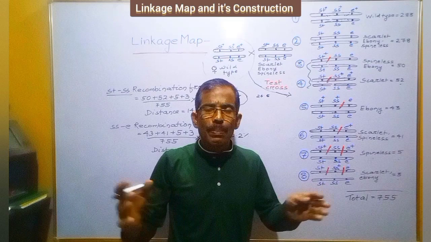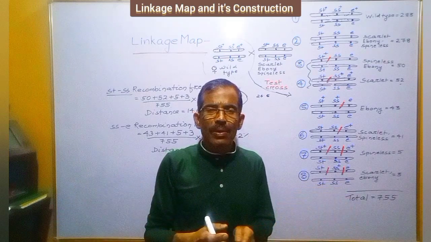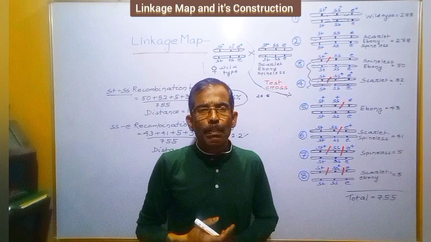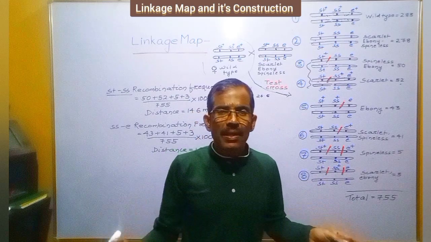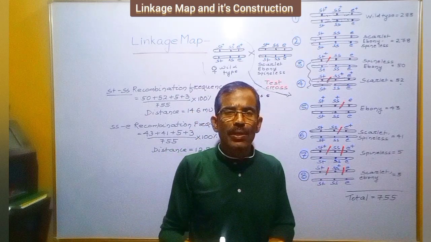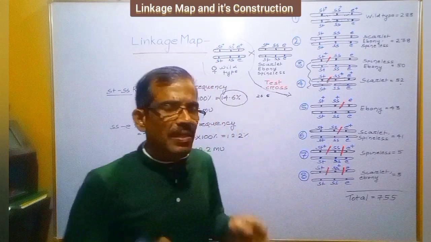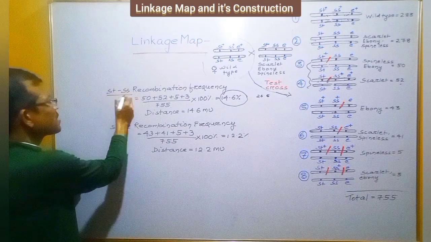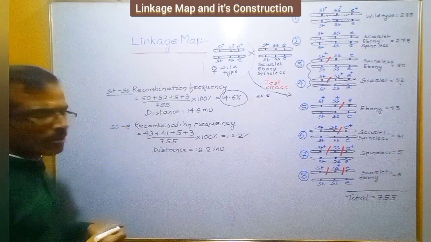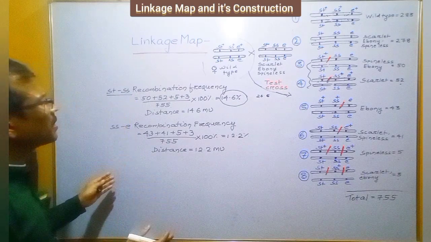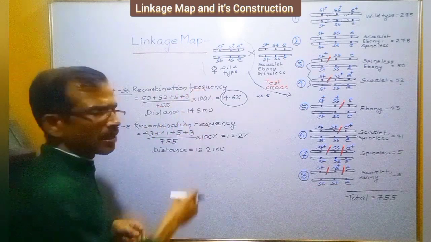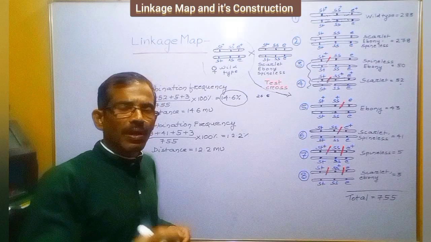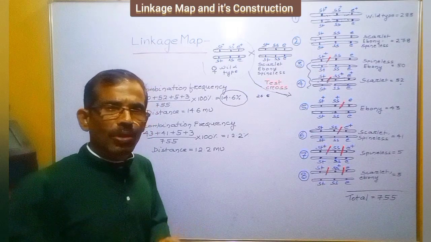The last step in gene mapping is the calculation of map distance between the genes. Map distance is calculated on the basis of recombination frequencies. So let us calculate the recombination frequency for ST and SS locus. While calculating the recombination frequency, we must include both single crossover as well as double crossover.